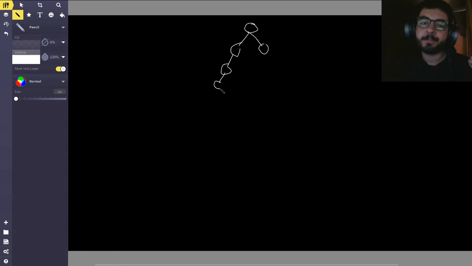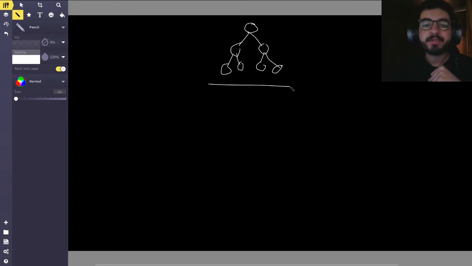In a complete binary tree, you have to fill all the levels left to right before having the ability to go to the next level. So what you basically need to do is fill like this, this, and this before actually going to the next level, let's say here. And you have to fill them left to right.